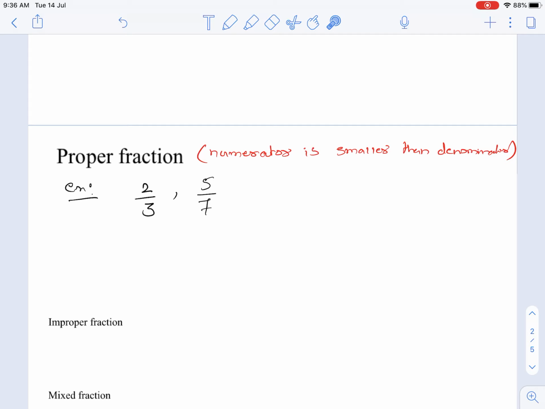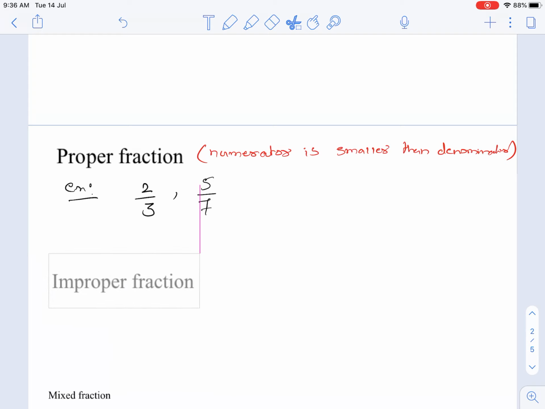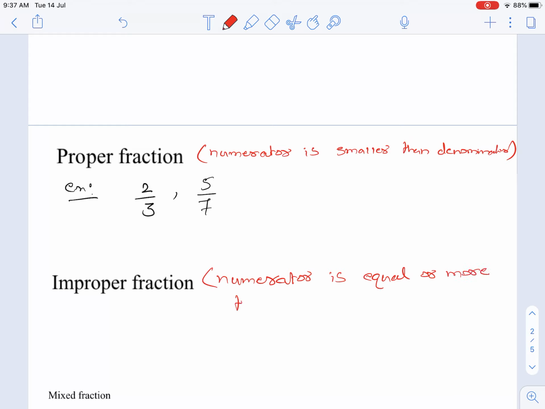Now let us see the next type of fraction, that is the improper fraction. In a proper fraction, the numerator is smaller than the denominator. In an improper fraction, the numerator is either equal to or more than the denominator.